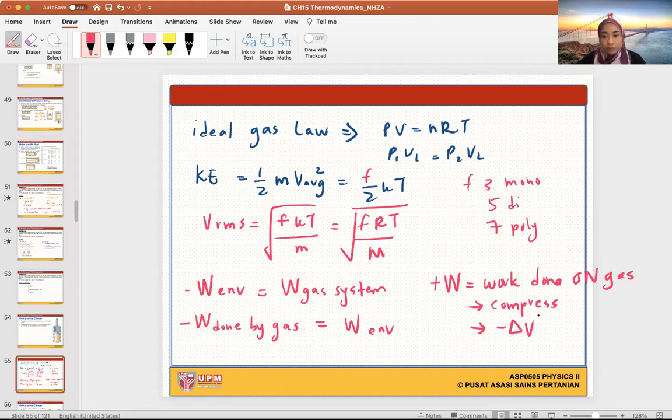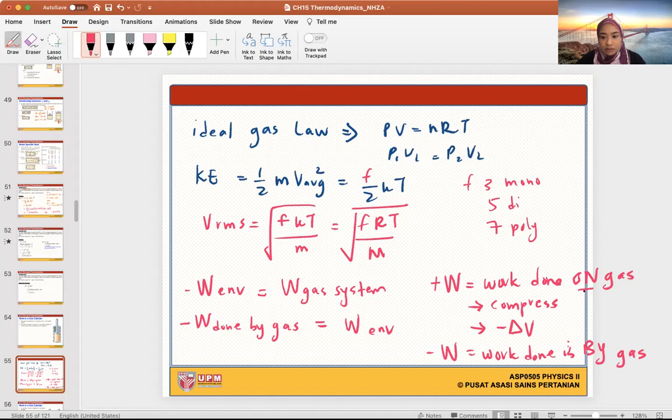Okay, positive work done on gas means we compress the gas, negative change in volume. And this also means that the environment is losing energy. When we are doing negative work, the work done is by gas.